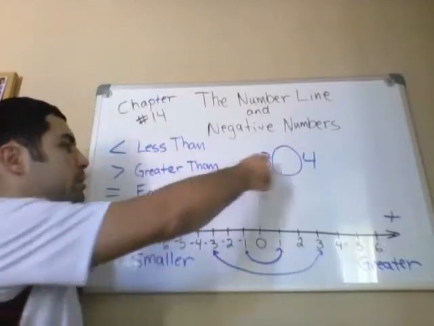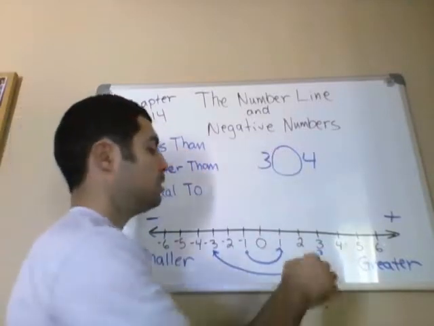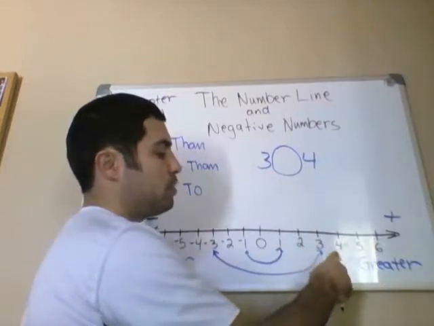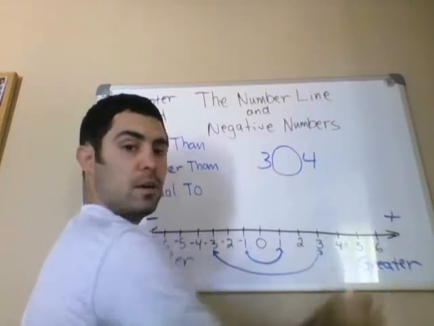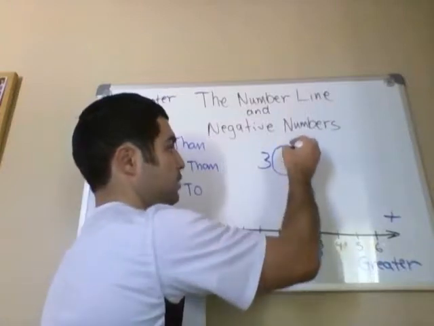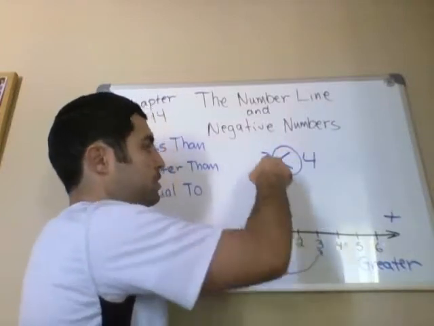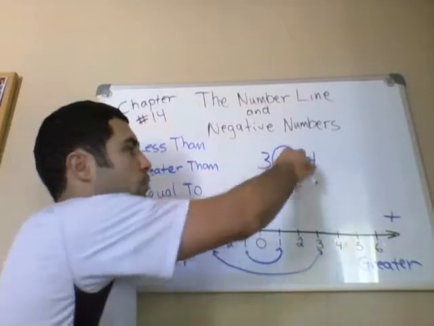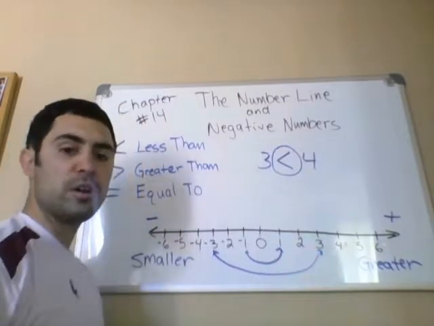What symbol are you going to put in this little circle? Well, clearly 4 is larger than 3 because 4 is further to the right on the number line, or greater than. So we're going to use 3 is less than 4. Remember the alligator's mouth and that whole lesson where the alligator wants to eat the larger number.